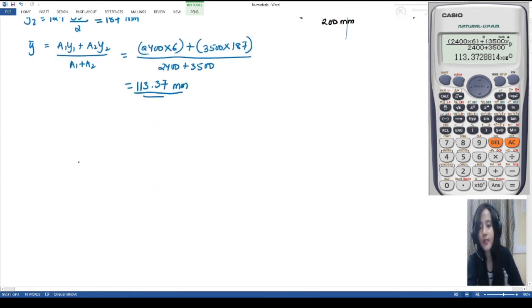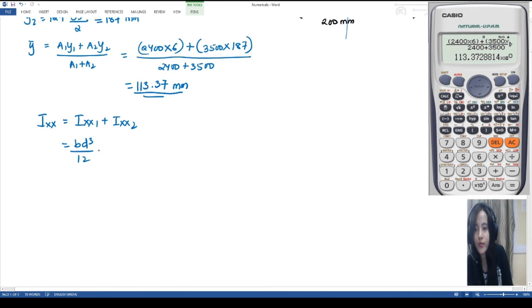Next, let us find Ixx, the moment of inertia. This will be equal to BD cubed by 12 plus A1 H1 square, the parallel axis theorem here, plus BD cubed by 12 plus A2 H2 square.